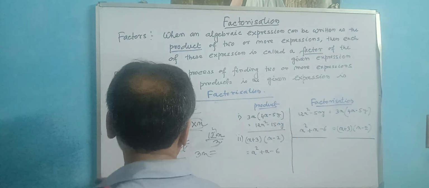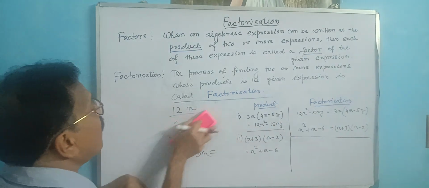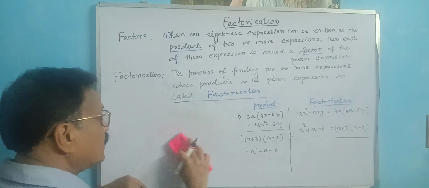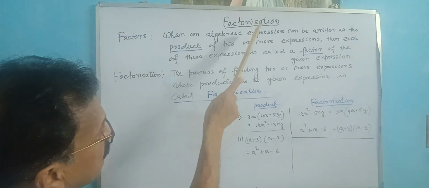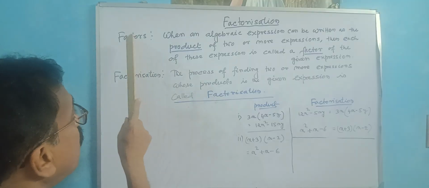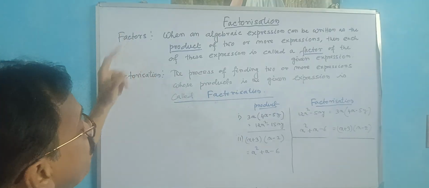Okay, so that's clear. So what is actually the factor, and the process is called factorization. Here I write down a definition. So what is factorization? Now what is factor?